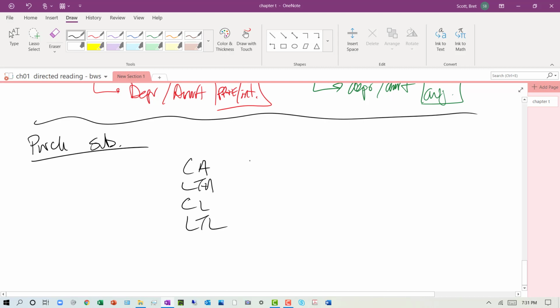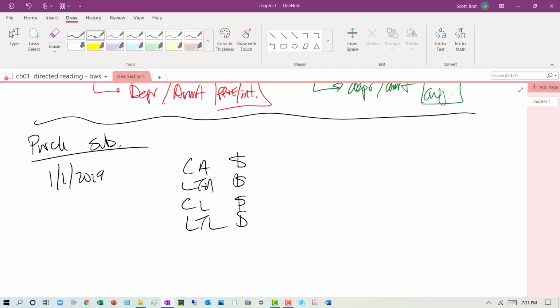When we purchase a subsidiary, say on January 1st, 2019, whatever amounts they have for all these, we're just going to use the exchange rate to convert these over into US dollars.